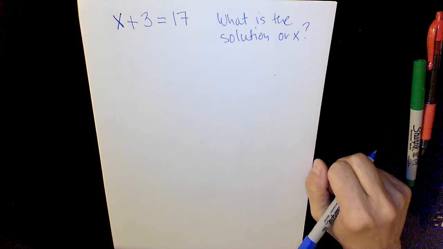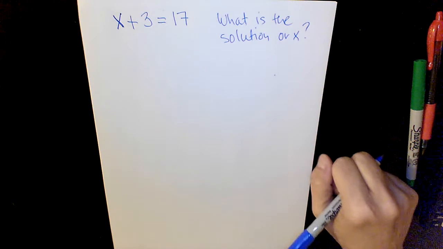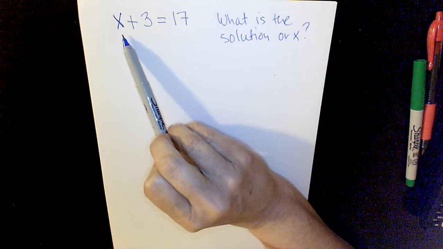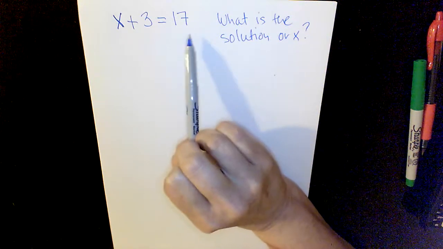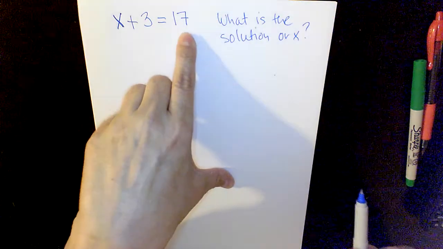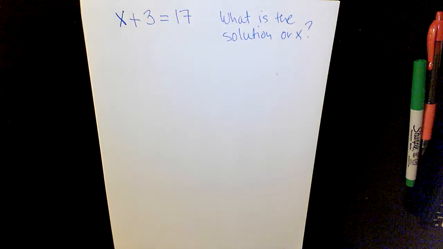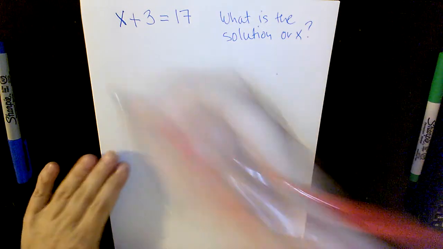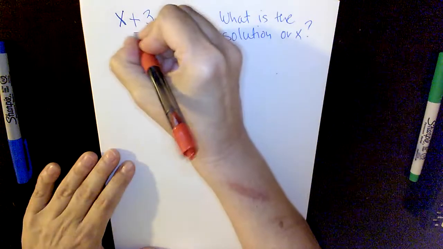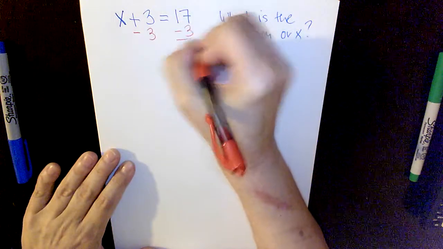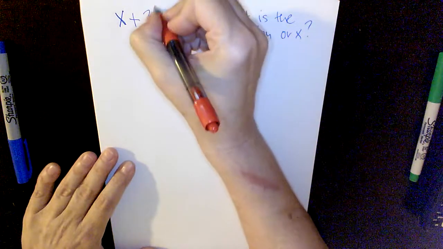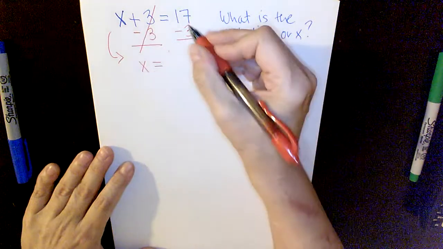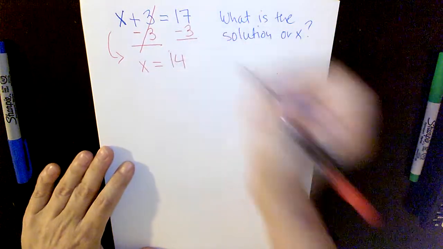Do you remember, because for some of you it may be review, how do we solve this? We want x alone on one side and the solution on this side. So we've got a plus 3. So what's the opposite of adding? Subtracting. So we're going to subtract 3 from both sides. 3 minus 3 goes out. Bring the x down.